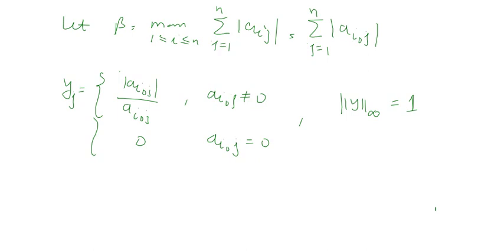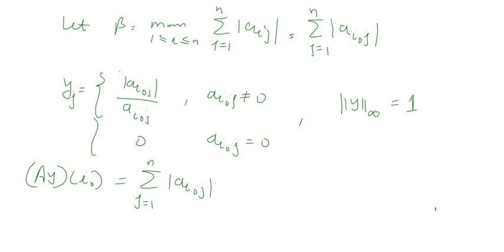Moreover, if you look at Ay at i equals i naught, that is equal to summation j equals 1 to n of mod of Ai naught j.